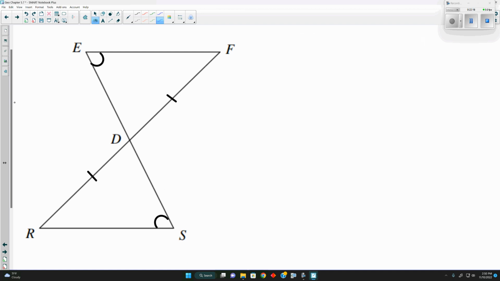So guys, let's look at this one here. This is the last one we'll do together. If we look at this here, we are told that angle E is congruent to angle S. We also have that line segment DR is congruent to FD, guys.